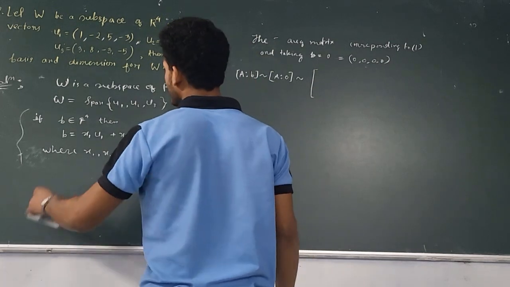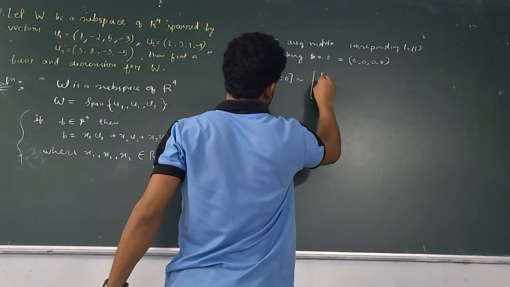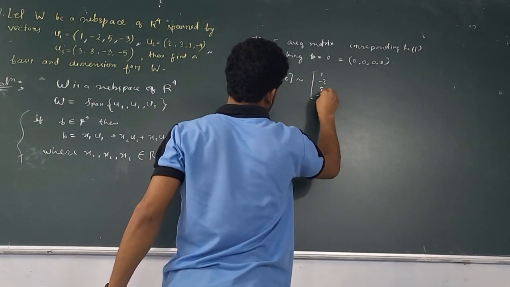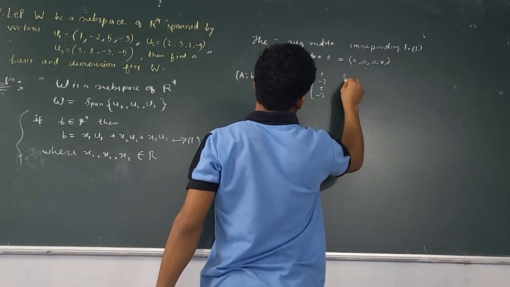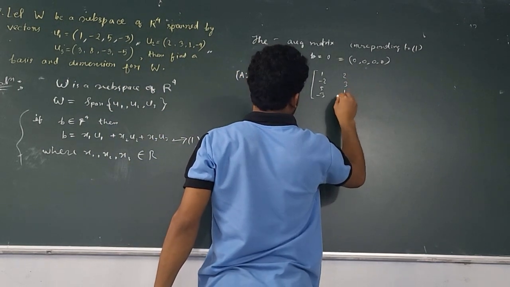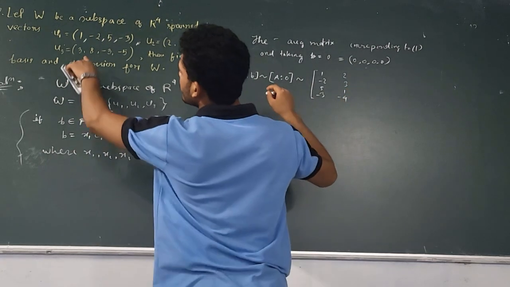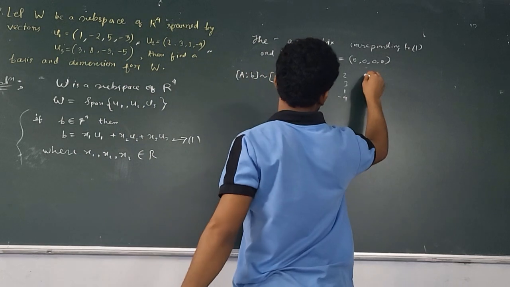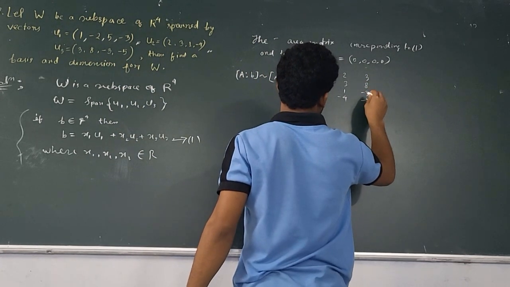So you have to make the matrix: 1, -2, 5, -3; 2, 3, 1, -4; 3, 8, -3, -5.